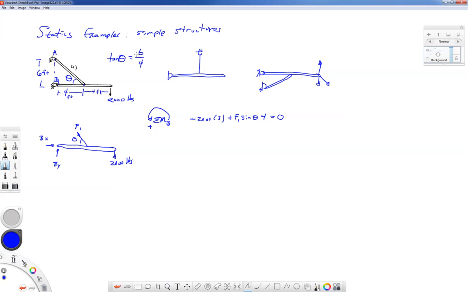That would be 56.3 degrees. So F1 is going to be equal to, moving this to the other side, a positive 2,000 now, times 8, divided by 4, and the sine of 56.3 degrees.